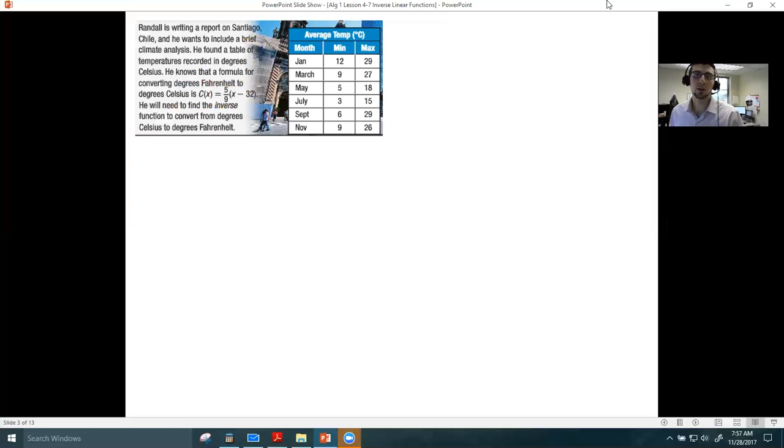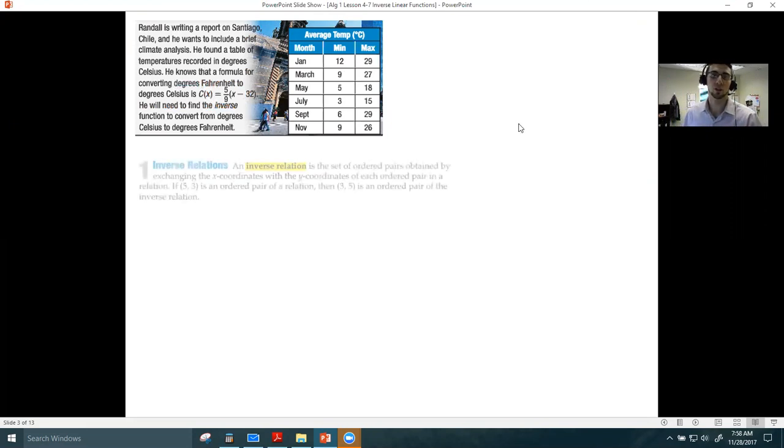In the table, he has the max and min temperatures in degrees Celsius. Now this formula tells you what the temperature is in Celsius if you already know what it is in Fahrenheit. Well, he wants to do the opposite. He wants to go from Celsius to Fahrenheit. So he'll have to figure out what the inverse is.